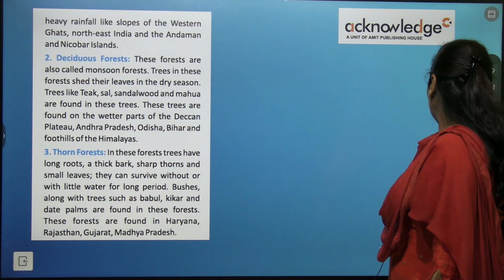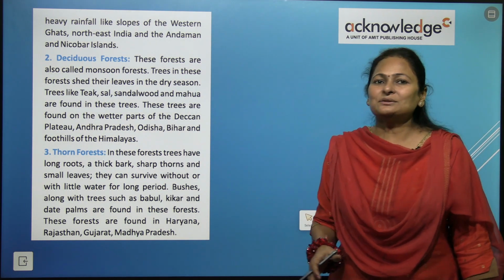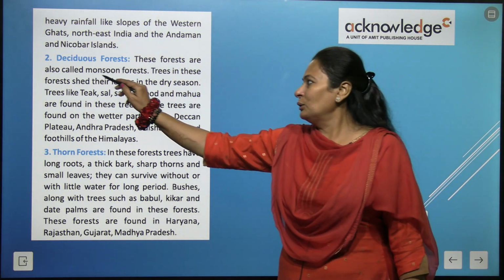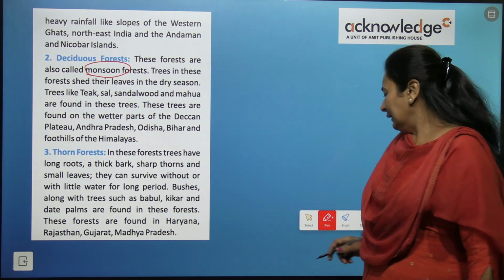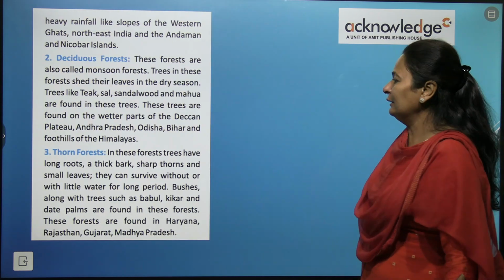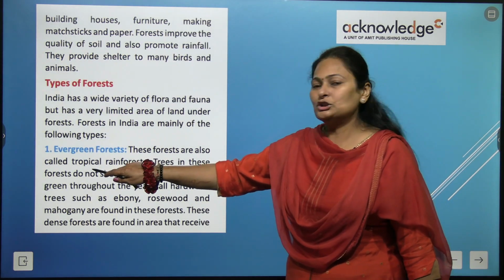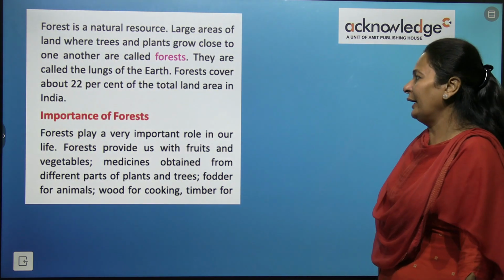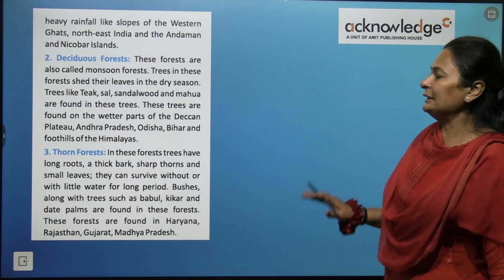Next is deciduous forest. These forests are also called monsoon forests. Like in the last one, we learned that evergreen forests are also called tropical forest, right? So the next is deciduous forest.